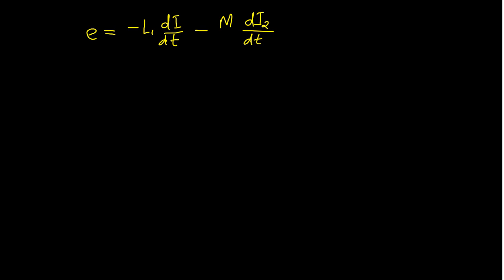Or we can write, similarly, E equal to, in L2, minus L2 dI2 by dt minus M into dI1 by dt. In L1 the current is I1, and in L2 the current is I2.